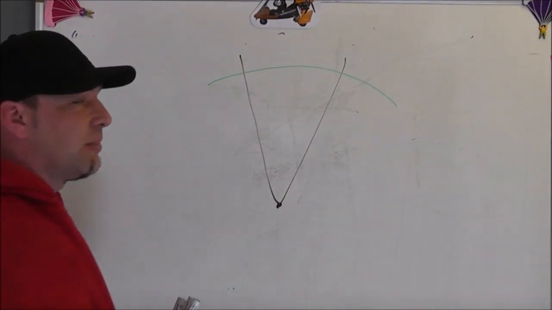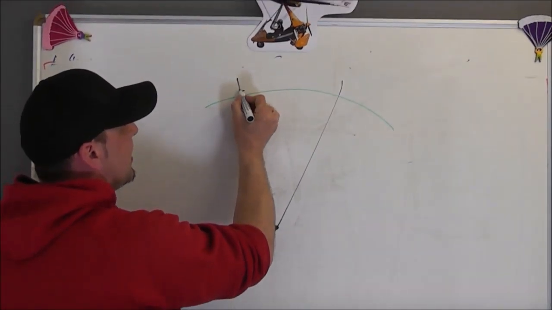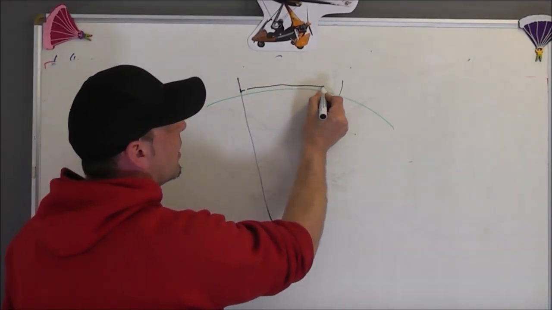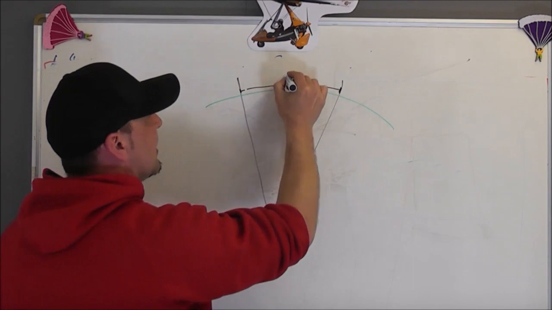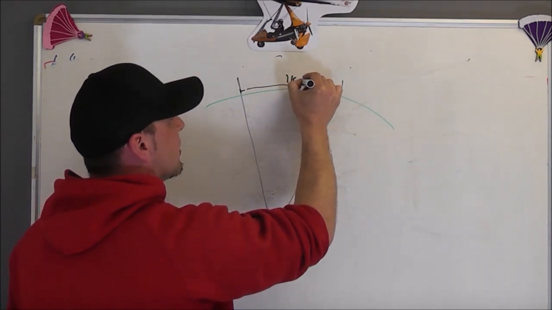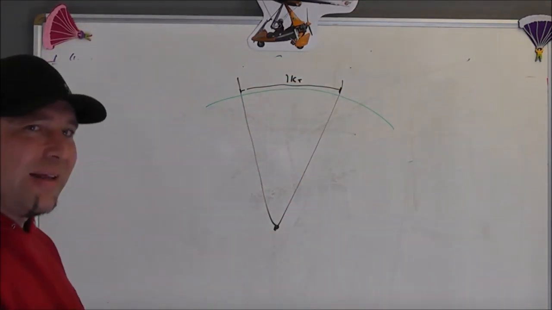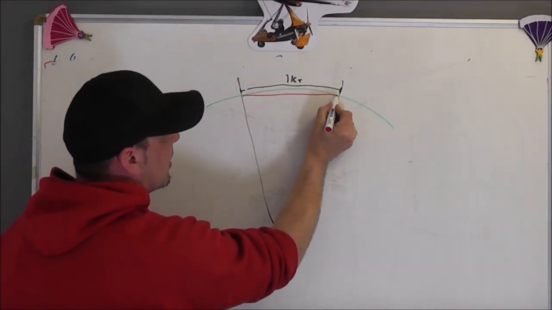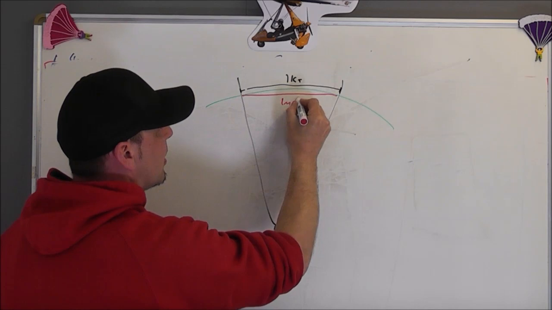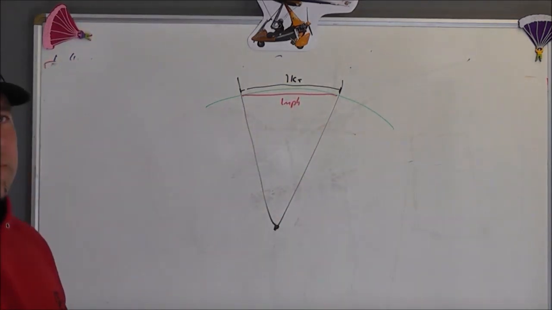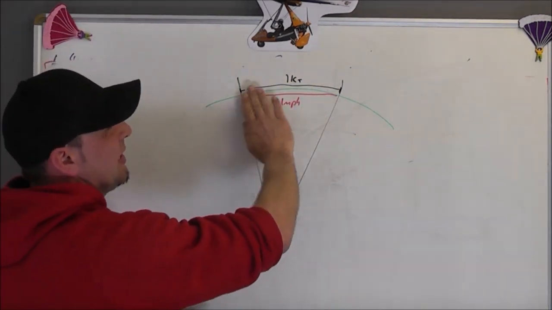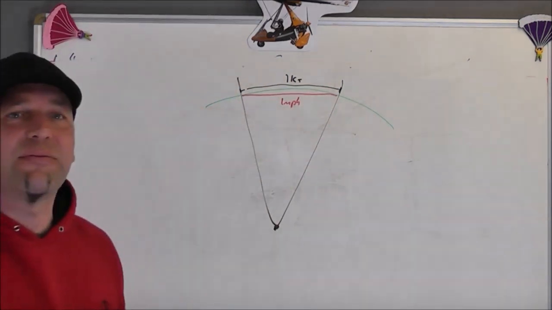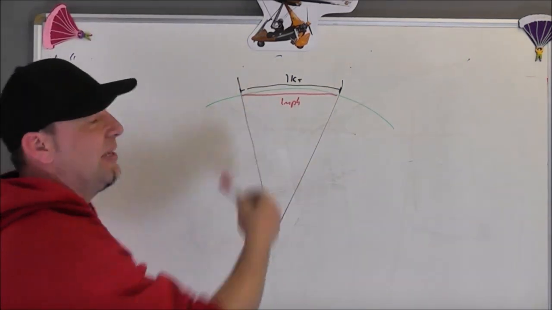So 1 knot is the distance from here to there. 1 mile an hour is the distance from here to there. So a similar sort of distance, but you can see that this one takes into account the curvature of the Earth, where this one doesn't.